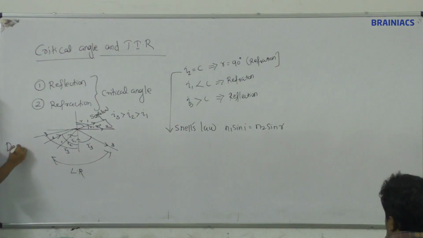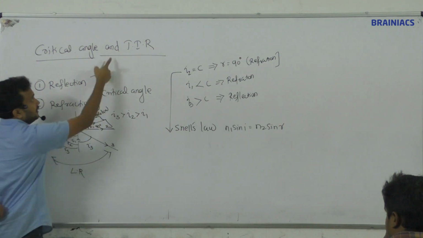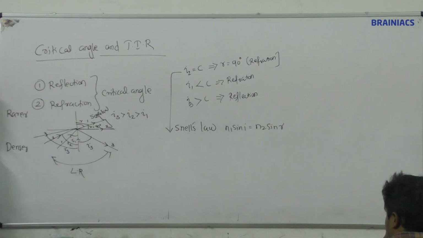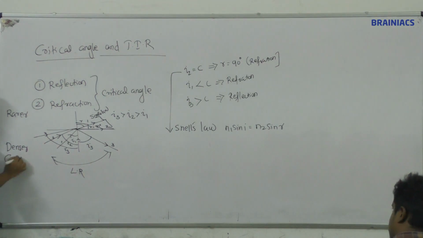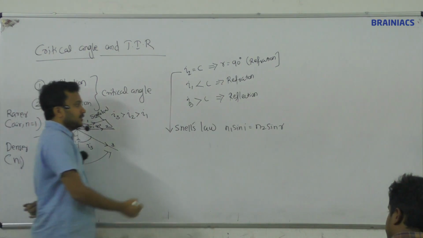Moving from denser medium to rarer medium, this is the condition to happen total internal reflection. So moving from denser medium, refractive index I am giving as n, for example, and this is a rarer medium, considering air with a refractive index equal to 1. So from denser to rarer it is moving.